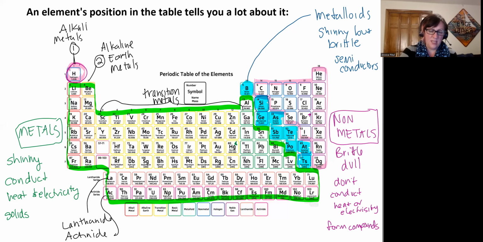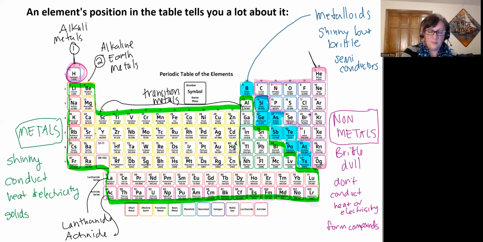And it's because if you look at them, in this column right here, we have a couple nonmetals, a couple metalloids, and a couple of metals as well. These metals that are after the transition metals, which stop right here, are usually called the post-transition metals, or just metals. But a couple of these have names.